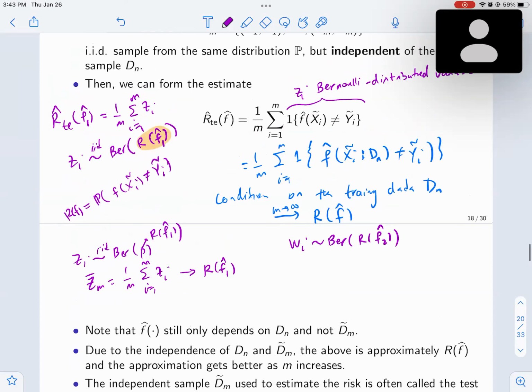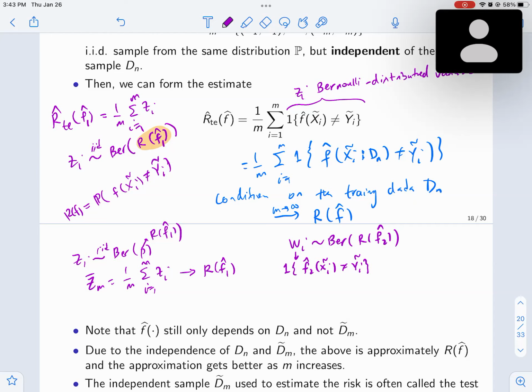So if I apply it to f hat 2, I call this thing W2. So let's say the indicator that f hat 2 of xi is not equal to yi. This is going to be Bernoulli with the probability being R of f hat 2, right?